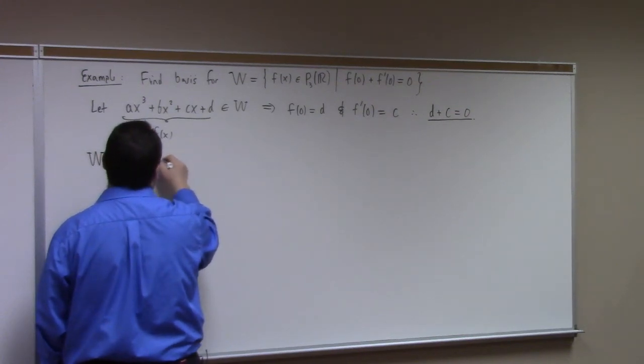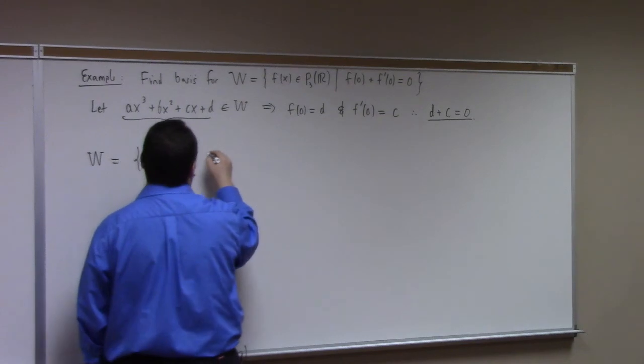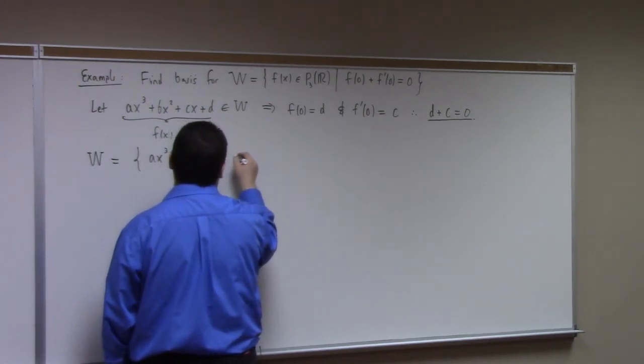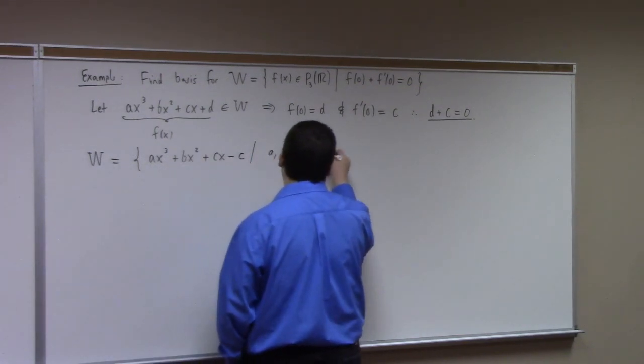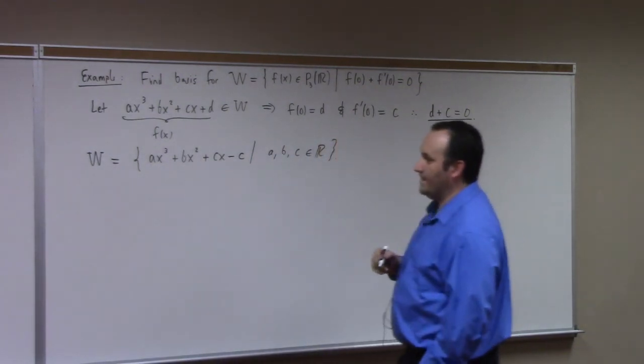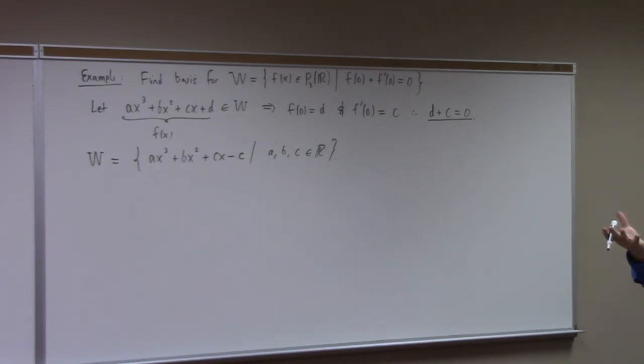We've got ax cubed plus bx squared plus cx minus c. Because I've just shown that an arbitrary element in W can be rewritten with a and b free, and d is equal to minus c, right?